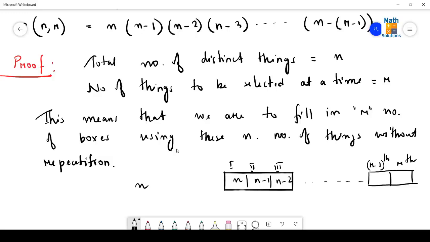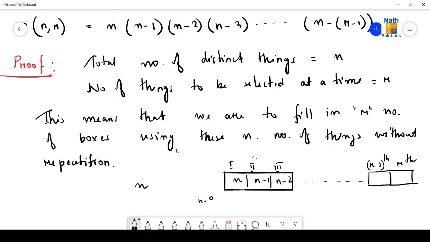Now one thing we have to notice: in the second place I am writing minus 1, in the third place I am writing minus 2. That means depending on the position of the box, the term subtracted is 1 less than the position, yes or no? In the first place I can write simply n, which stands for n minus 0.